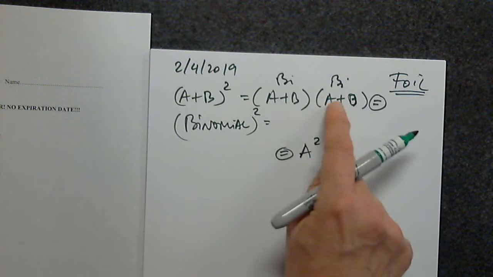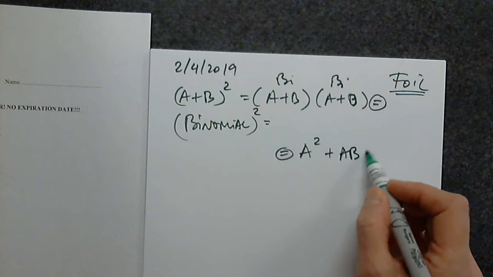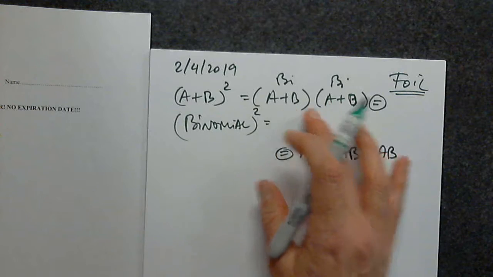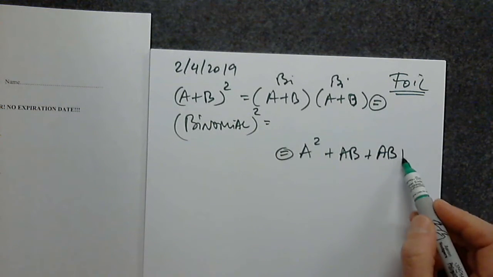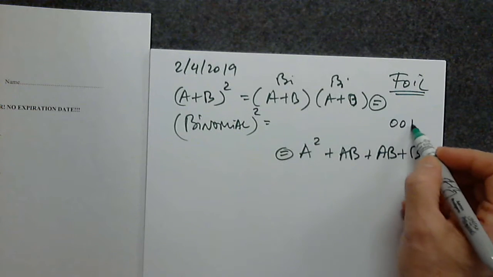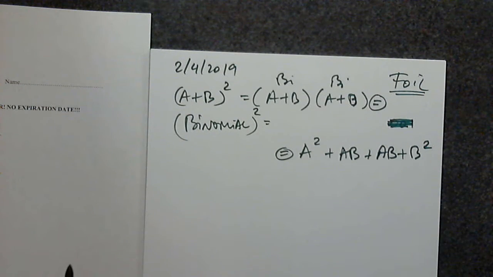Copy the base, add the exponents, plus a times b, plus b times a, also ab, and b times b. This is math 001. Okay, I'm kidding. This is the basics. If you don't remember any of this, we may have to spend more time outside of class.